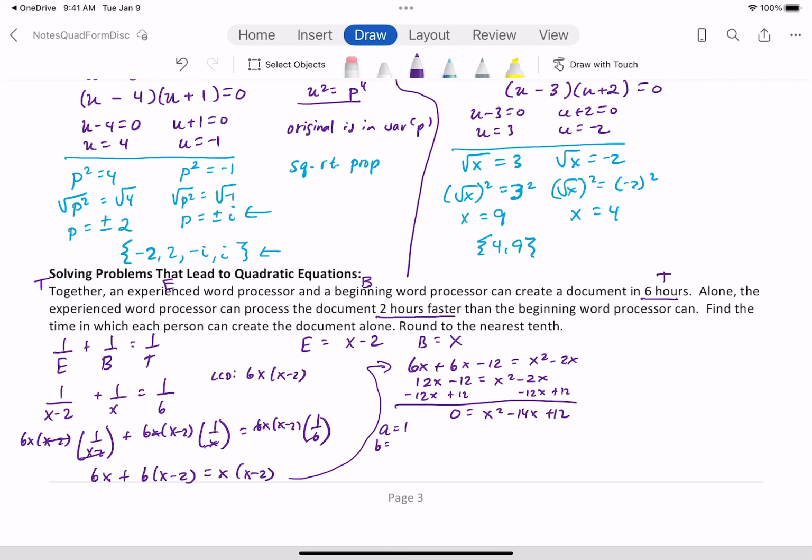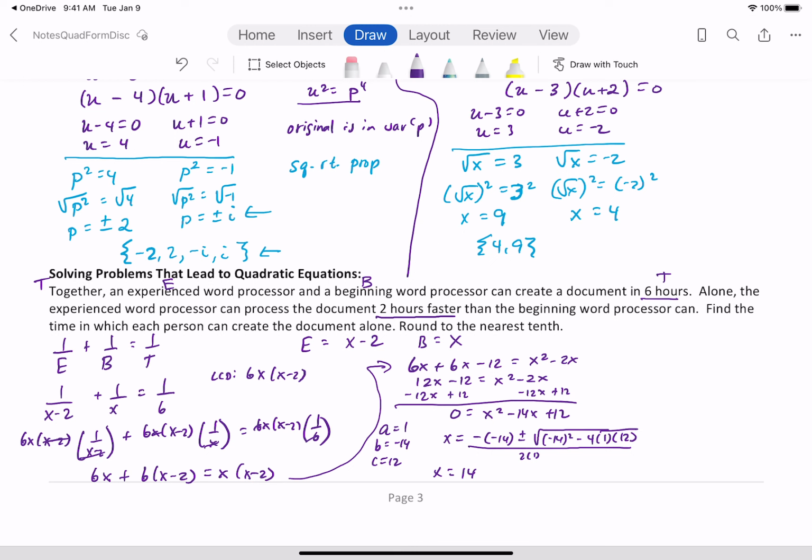A is 1, B is negative 14, and C is 12. So we get x equals negative B plus or minus the square root of B squared minus 4 times A times C, all over 2A.